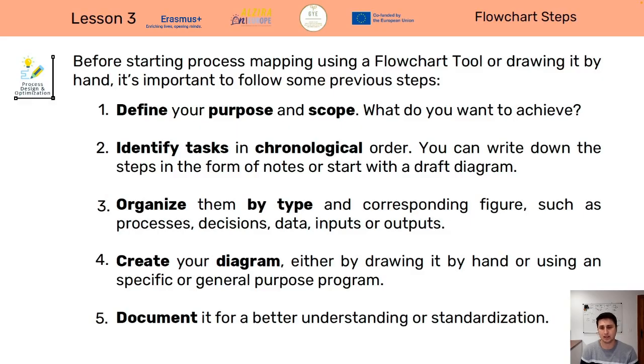Then we would organize them by type and figures, such as processes, decisions, data, queries, inputs, outputs, etc. Then we would create the diagram, either by hand or using specific or general purpose software. And then we would document it for better understanding or standardization.